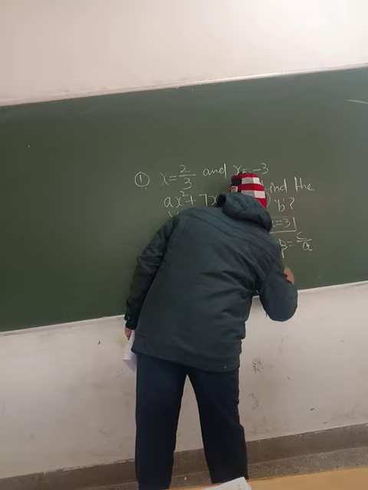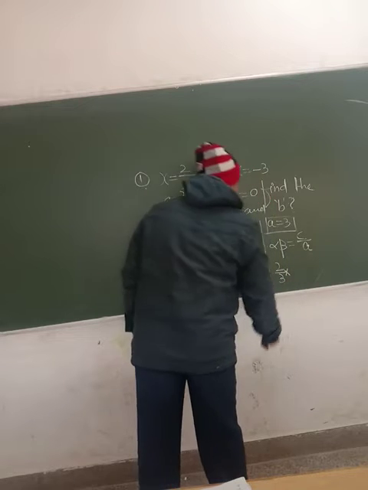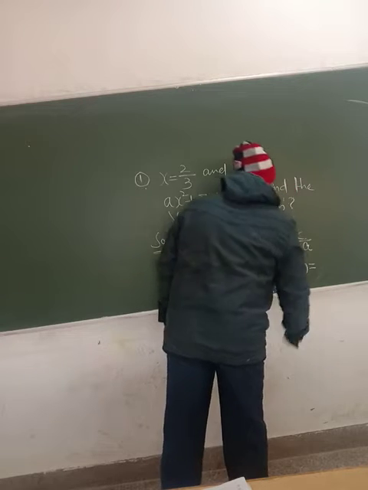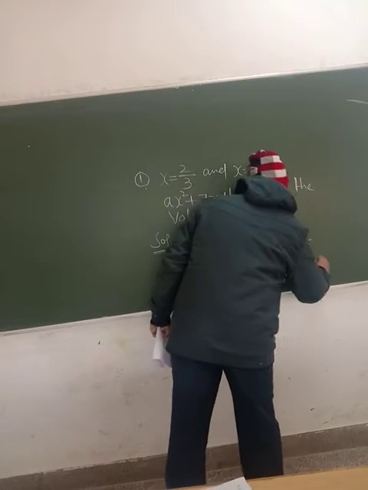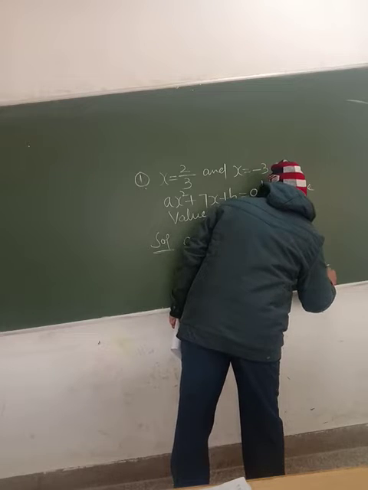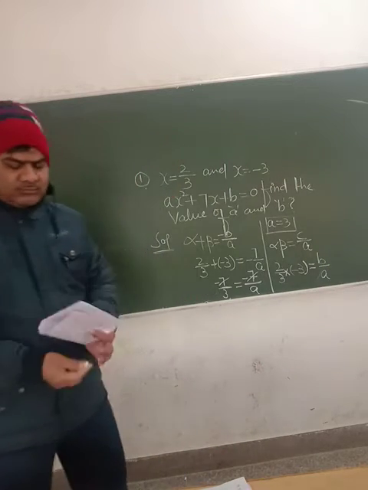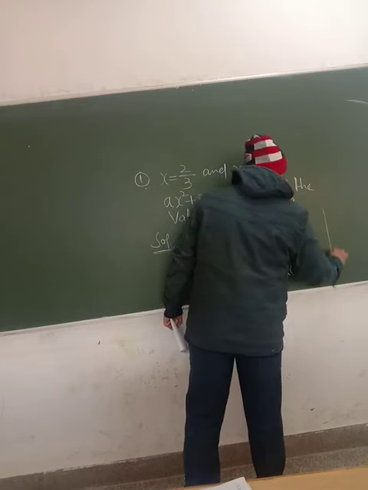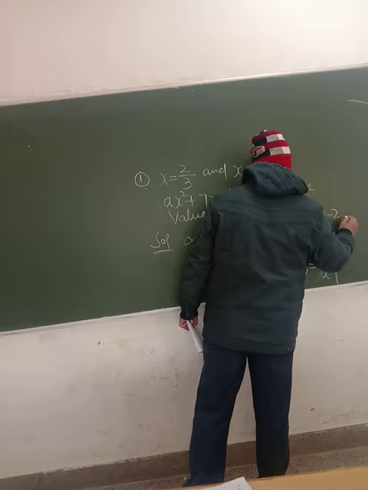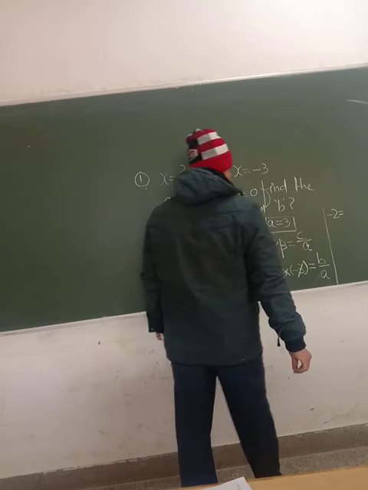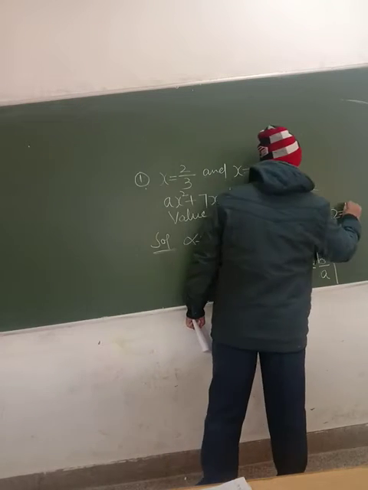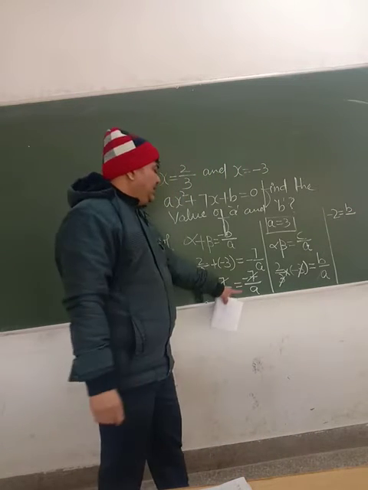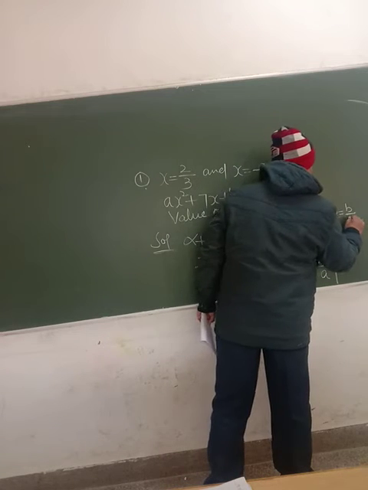Again, alpha is given to you 2 upon 3, beta is given to you minus 3. Value of c equal to b and a equal to a. Simplify it, 3 will cancel out. You can rewrite it like this: minus 2 equal to b upon a, and the value of a, which is already known to you, is 3.